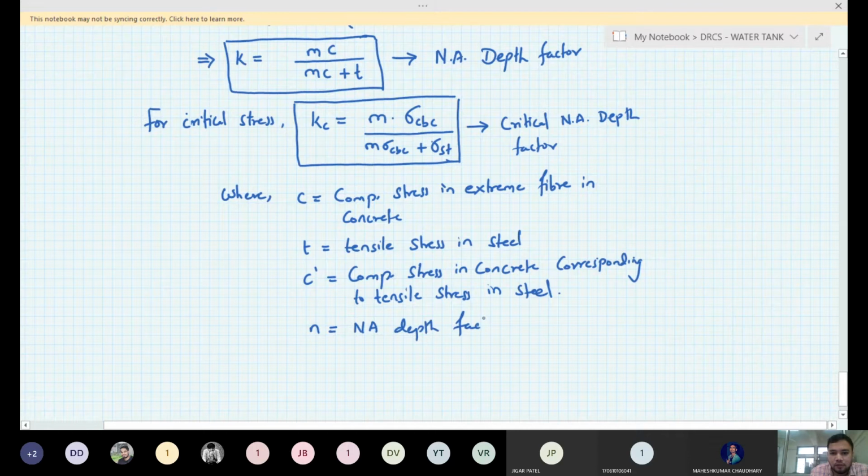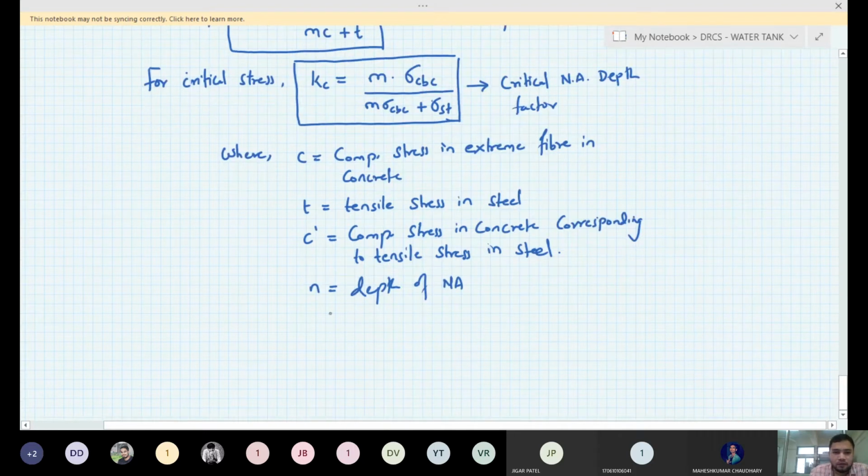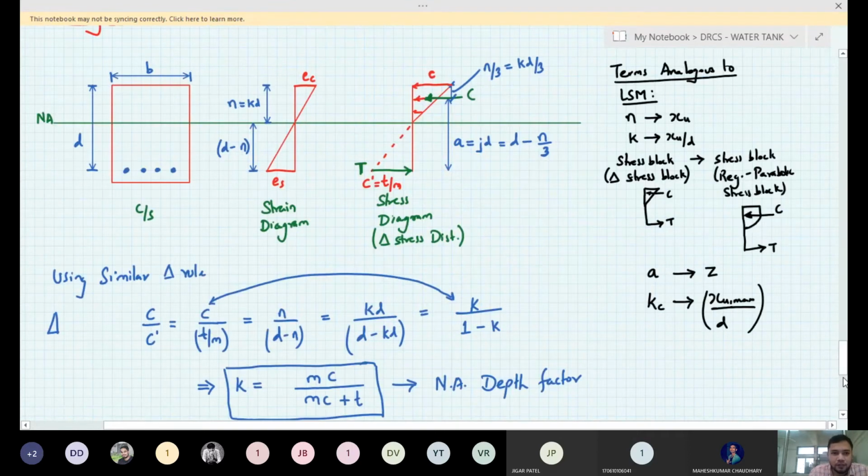N is the depth of the neutral axis, and this N is nothing but your K into D. Let the area of the steel be AST.